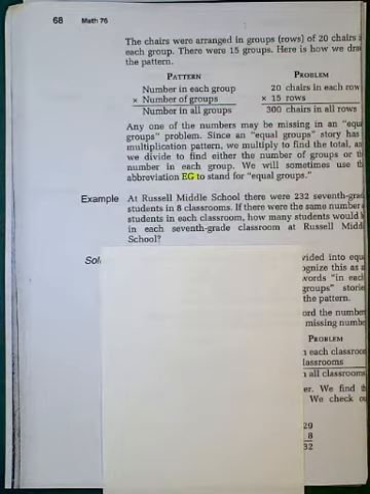Now, you might quickly be starting to think, oh, we got to do division, we got to do division. And I would say you're right. Ultimately, we will use division to solve for this problem, but we won't do it until step 3. In the meantime, we have to identify steps 1 and 2 first.